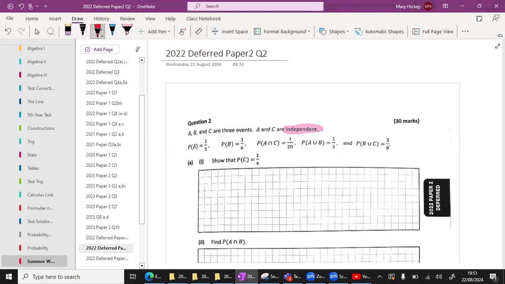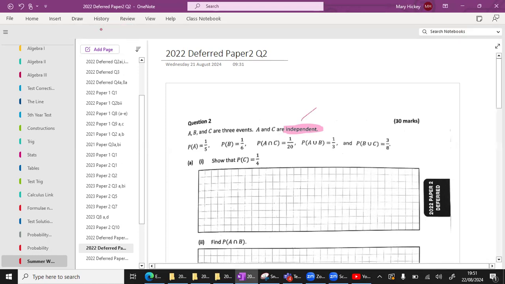Even before we read on, we might remind ourselves of what that means in terms of maths. Well, the probability of A intersection C is the same as the probability of A multiplied by the probability of C. Now remember, multiply is really coming from the word and.